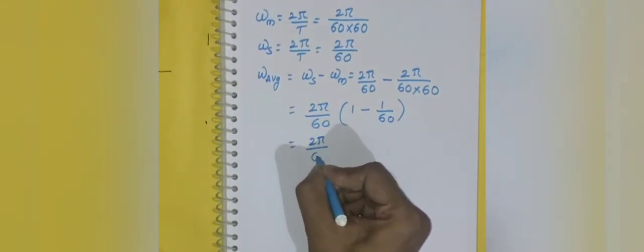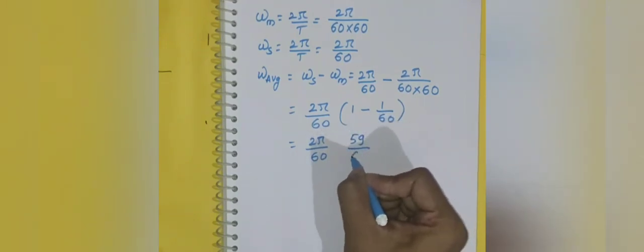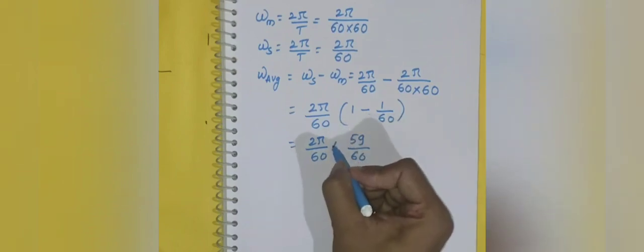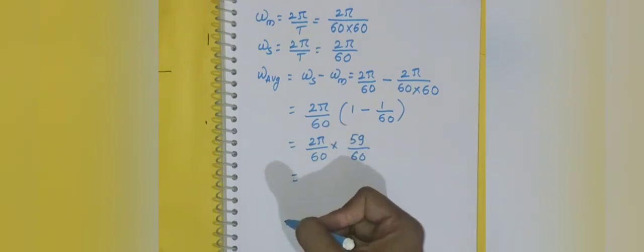Now doing cross multiplication, we have 2 pi by 60 times 60 into 1 is 60, minus 1, so there will be 59 divided by 60. So now we have 2 pi into 59 divided by 60 into 60.